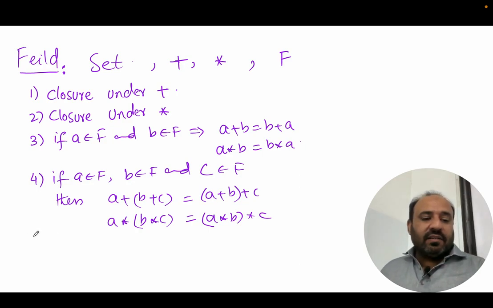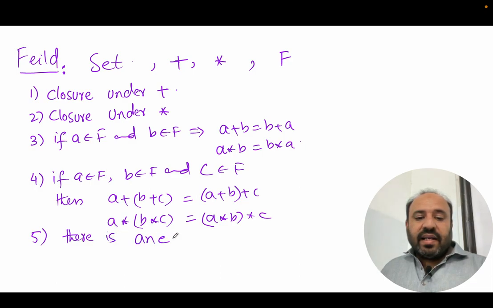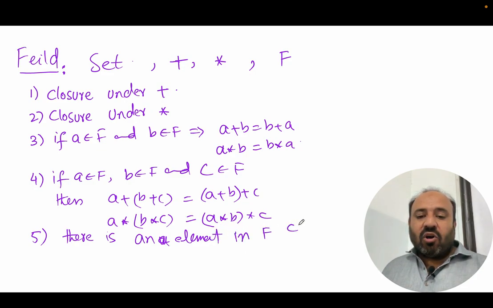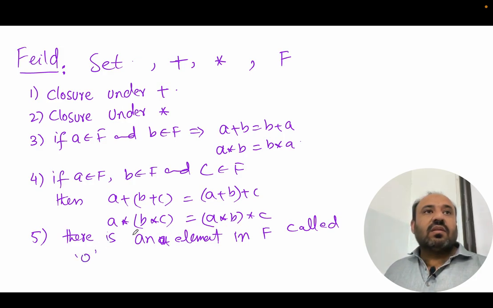Additive identity. There is an element in F called 0. That 0 doesn't mean 0 number.